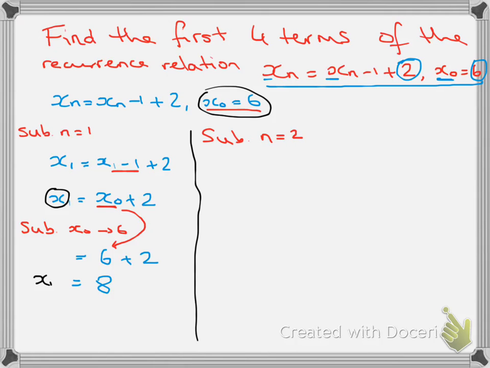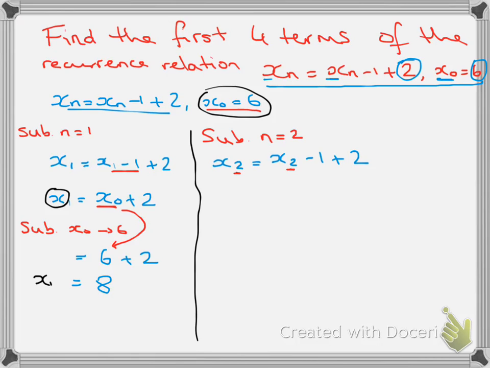Whenever I see an n in the equation at the top here, I put a 2 in. So what we have now is x2 is equal to x2 minus 1 plus 2. All I've done is, instead of n's, substituted the number 2. So now I just simply work it out from there.